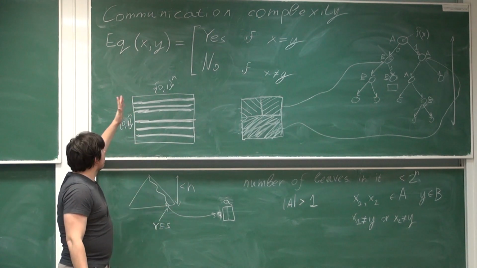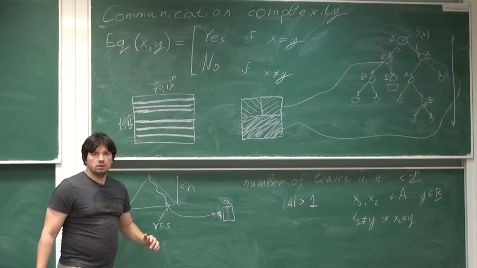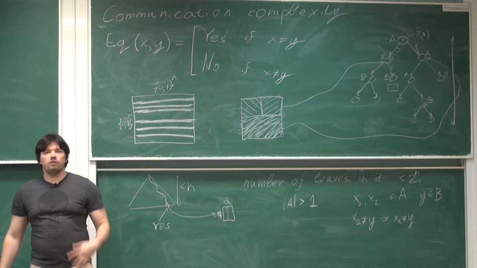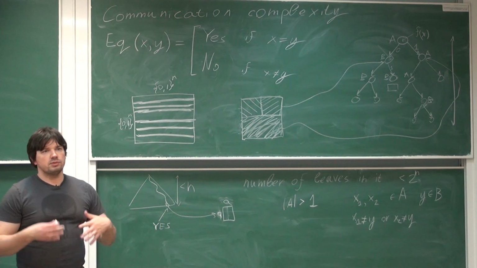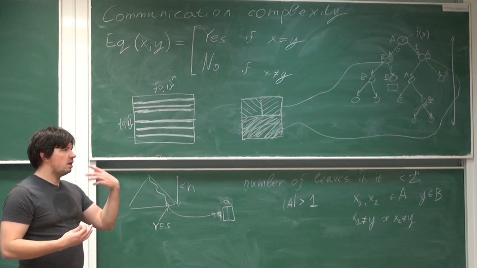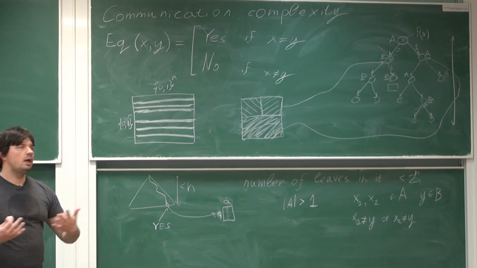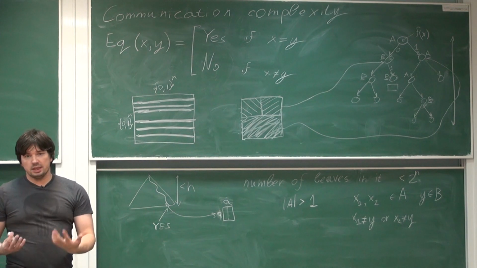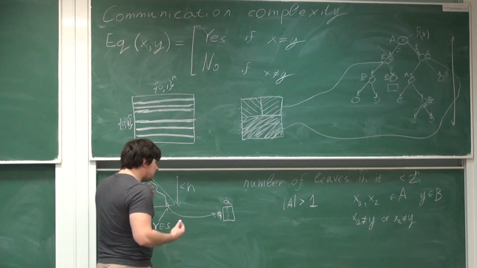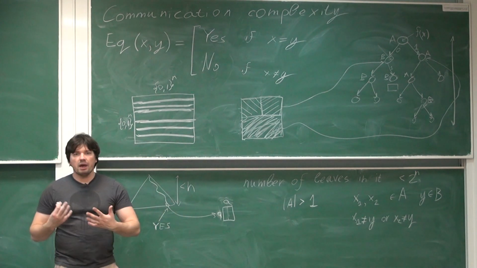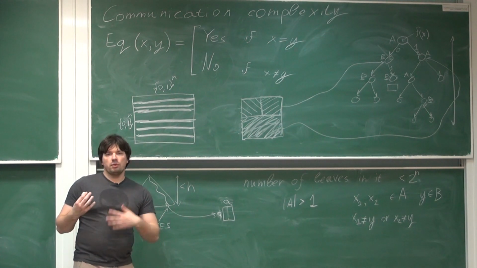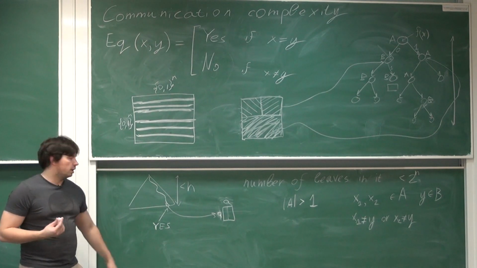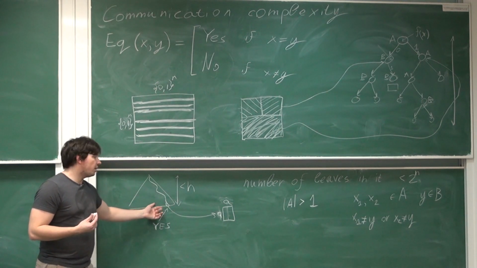Well, how many of those do we need? For every possible input, if we give the same input to Alice and Bob, they have to reach some leaf and answer yes. And this leaf should be different for every possible input. There are 2 to the n possible inputs, so there should be at least 2 to the n leaves with the answer yes.